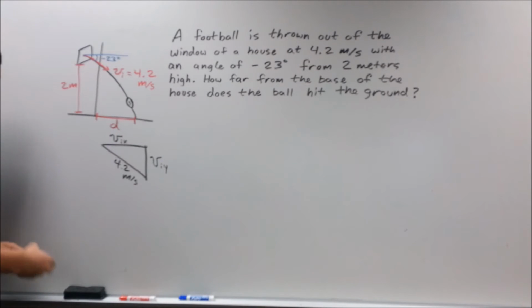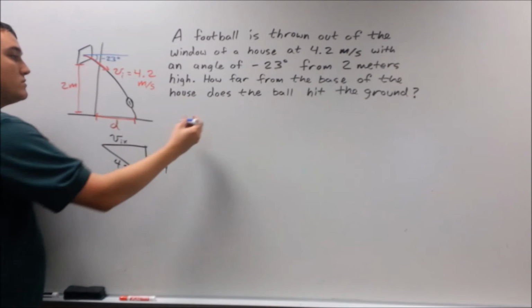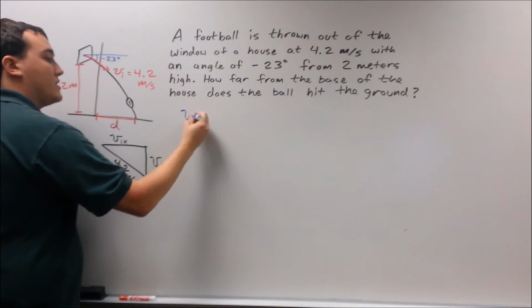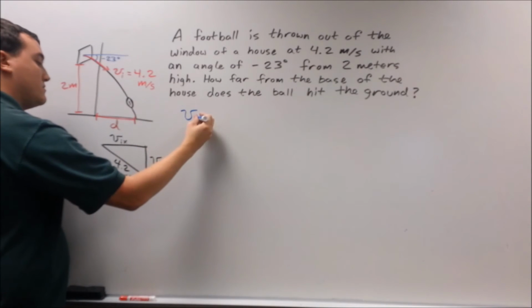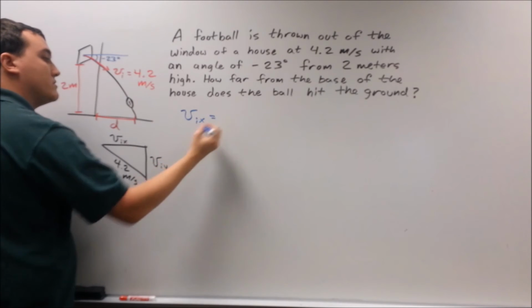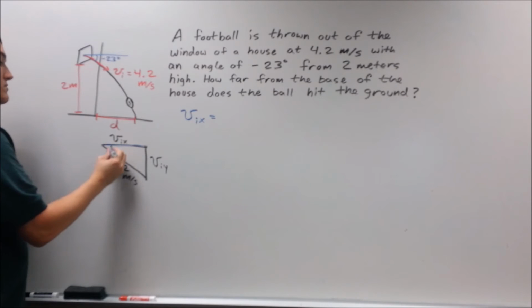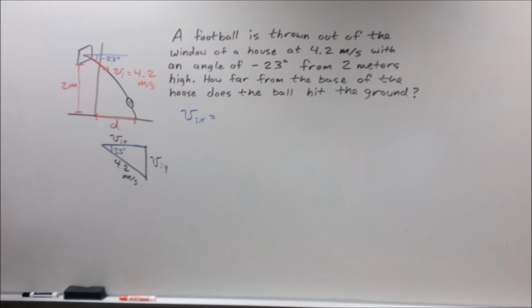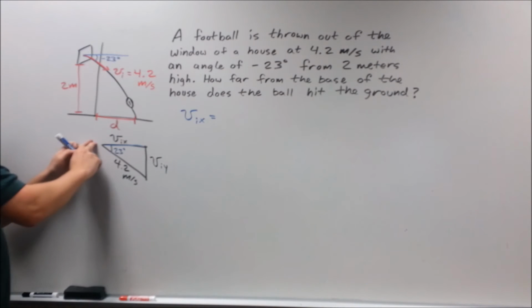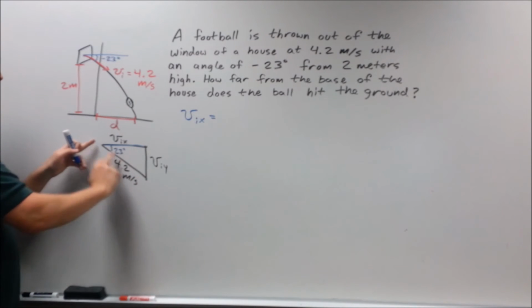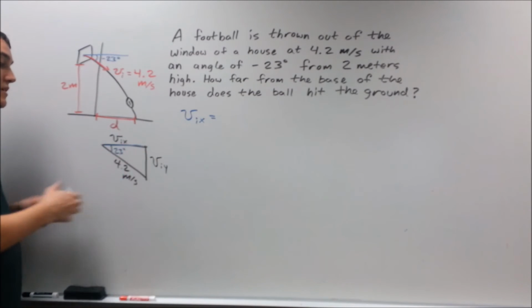Well, from trig, we know the initial velocity in the x direction, with our angle of 23 degrees, we know the hypotenuse and the adjacent, so that's going to be cosine.